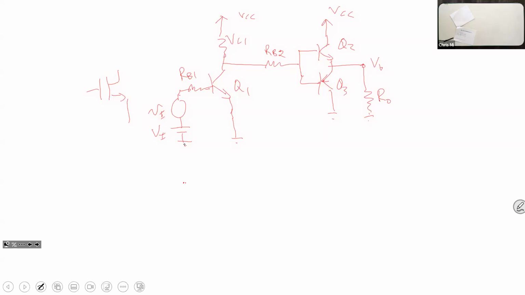In order to have Q1 in the active mode, how much VI, the capital VI, do we need? Can you set it to 0? Which VI? The capital VI. Can it be 0? 0.7. So why not 0?